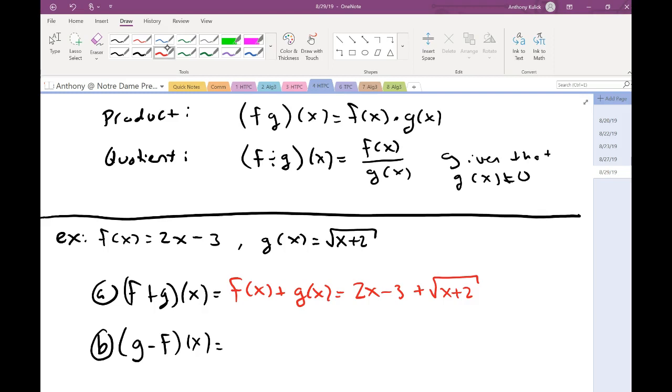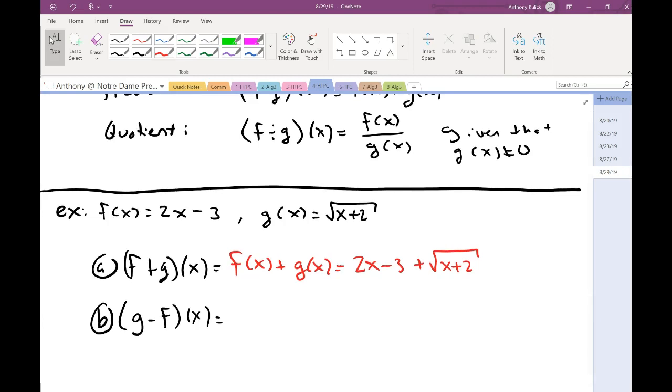So next, let's do a difference one. So let's say we want to do g minus f of x. Well, according to our rule above, I can compute that by just taking f of x minus g of x. I'm sorry, g of x minus f of x.